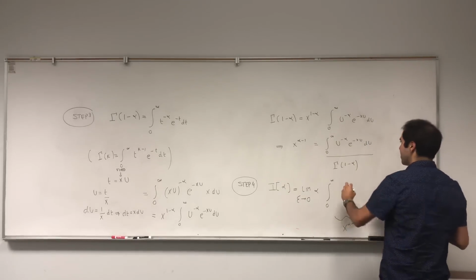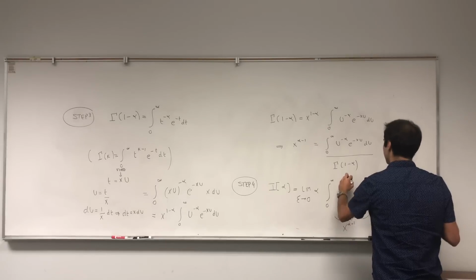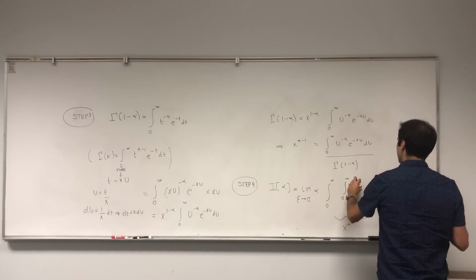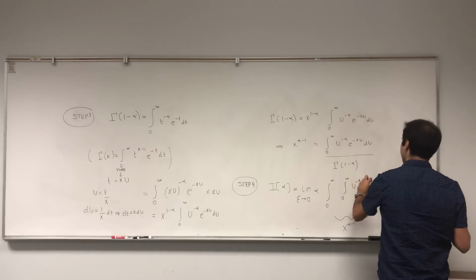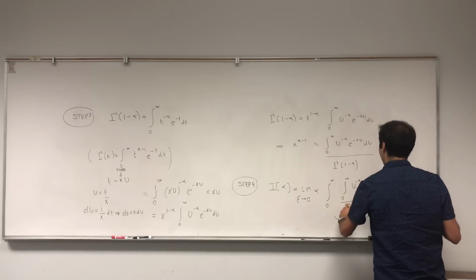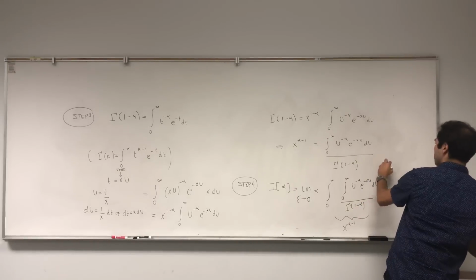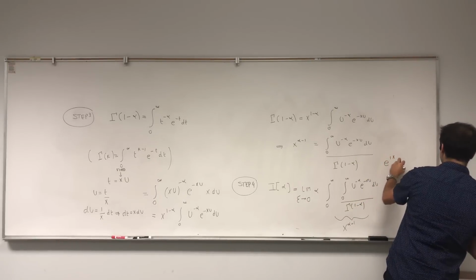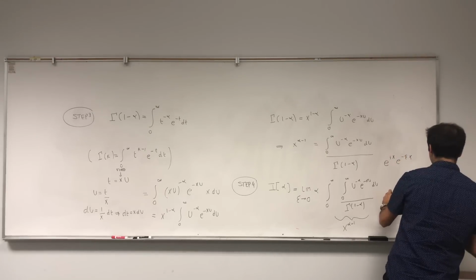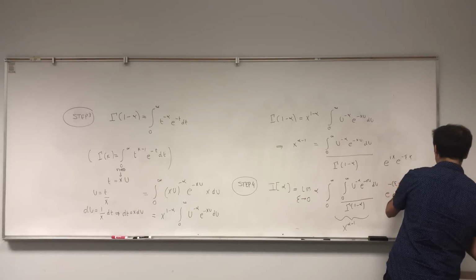Let's replace it with this integral, the integral from 0 to infinity of u to the minus alpha e to the minus xu du, over that gamma function. And for the other term, we have e to the minus epsilon x, and let's write this as e to the minus epsilon minus i x, and then dx.